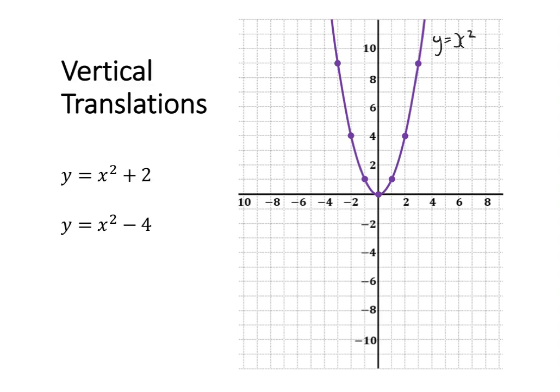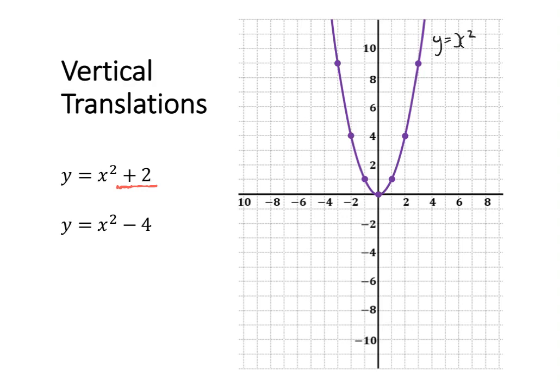So the first formula, y equals x squared plus 2, the vertical translation up the y-axis is going to be plus 2. And we know we're moving up the axis because it is plus 2 and not minus a number. So to complete the translation, for each point that we previously plotted for y equals x squared, you can move them 2 places up.